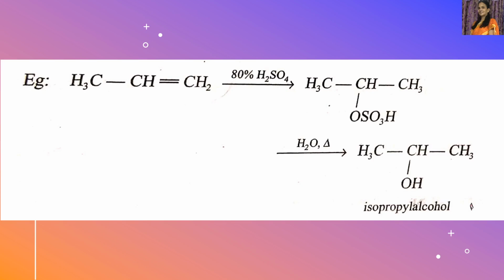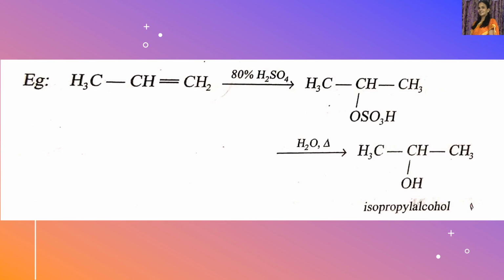So as per Markovnikov's rule, propene combines with 80% sulfuric acid to form this compound. The H plus of H2SO4 is added to the terminal carbon, and the HSO4 minus ion goes to the middle carbon, because the secondary carbonium ion produced is more stable than the primary carbonium ion. Therefore, this is the major product obtained.